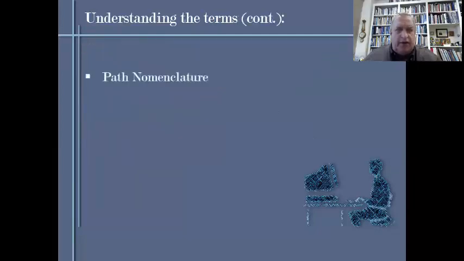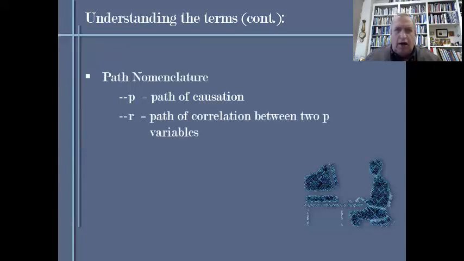Path nomenclature is also something that you want to make sure you understand as you look at the models that are presented. We have a P, and that is a path of causation. If it's an R, then that's a path of correlation between two P variables.